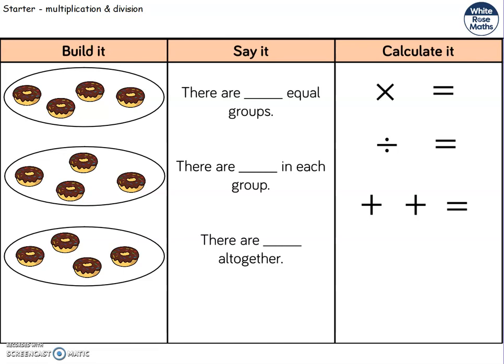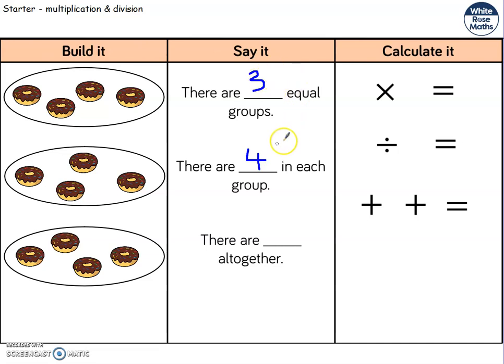So how many equal groups do we have? The groups are the plates. 1, 2, 3. So we have 3 equal groups. How many are there in each group? 1, 2, 3, 4. There are 4 donuts in each group. And how many are there altogether?